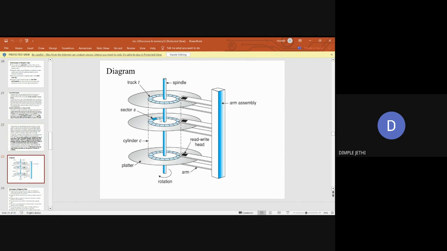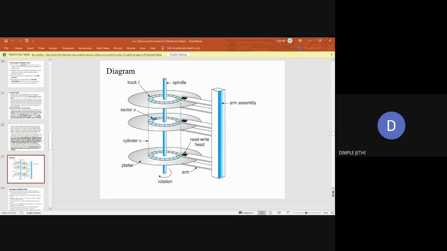When you move this platter, all the platters move collectively, right? Whichever track and sector the first platter is on, all the platters will be on the same track and sector. It's not that you have to read from one platter, so you will move only that platter. No, they all will move collectively.